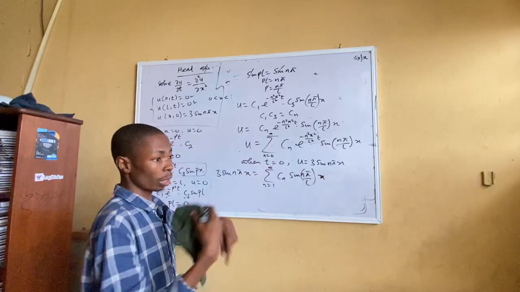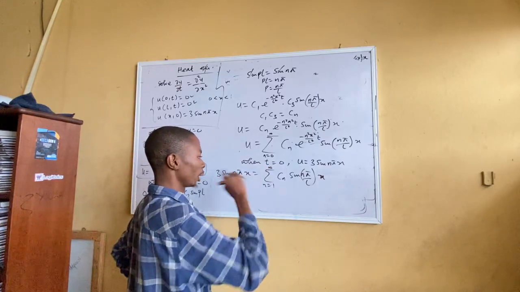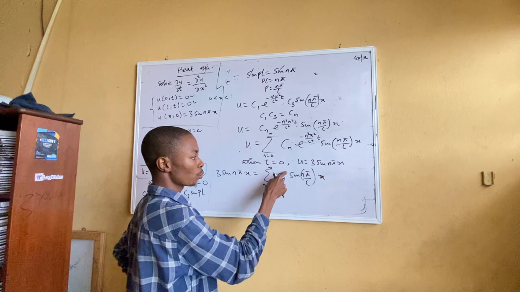What is the meaning of summation? Counting, right? If n is 1, this will be C1 sine pi over L x, plus, if n is 2, C2 sine 2 pi over L x, and let me count one more, C3 sine 3 pi over L x.